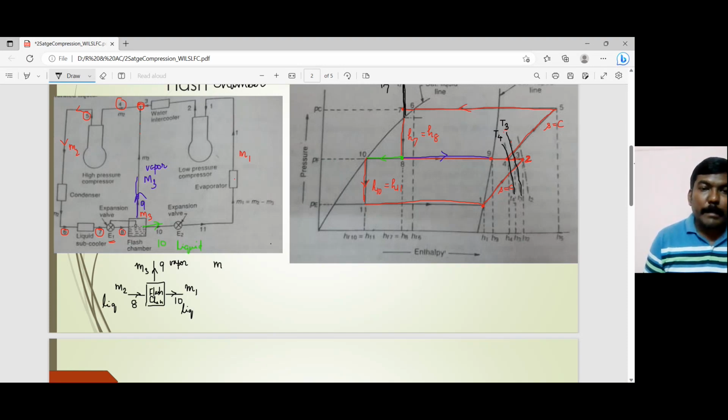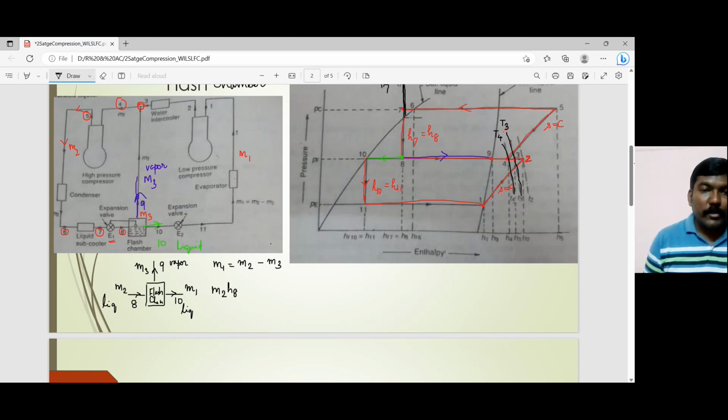And so the first mass balance equation is M1 is equal to M2 minus M3. This is the mass balance equation. Then if you look at the energy balance equation here, I have one entry and two exits. So M2H8, that is the entry. M2 is the mass of the liquid refrigerant that is coming in, and the condition is 8.